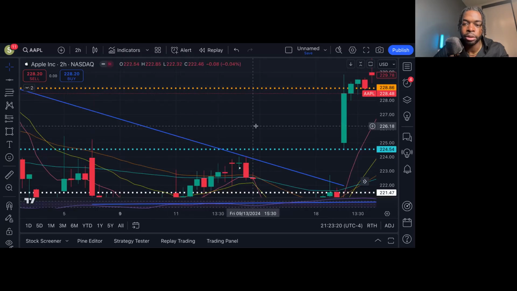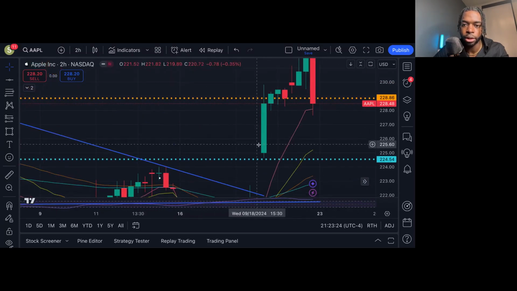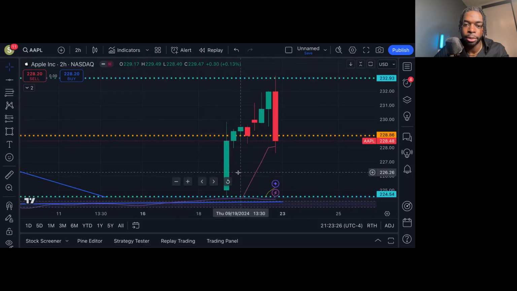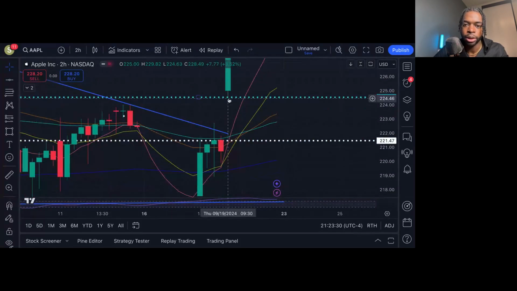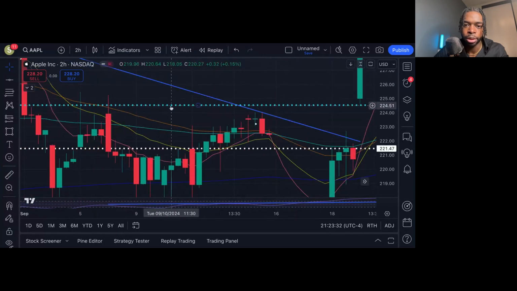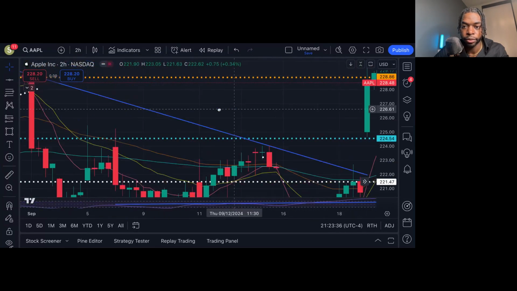So a lot of the time, based on the ease of movement strategy, if we moved easily down, we can move easily up. And that's exactly what happened. So using these key levels, I'm like, okay, once we get back above this, because this has been resistance, we could potentially fly.